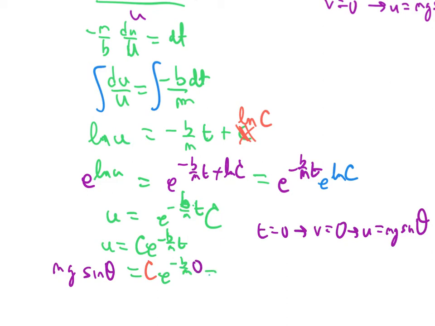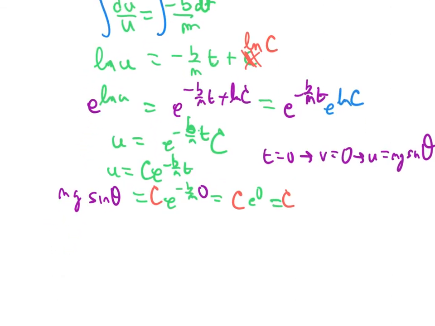But then that means that we have the constant that we're looking for times e to the 0, but e to the 0 is 1, so this is just the constant we're looking for. So we find out that our desired constant is mg sine theta.